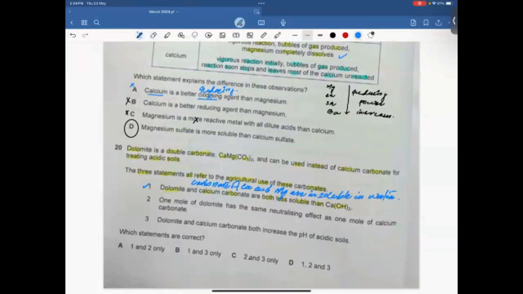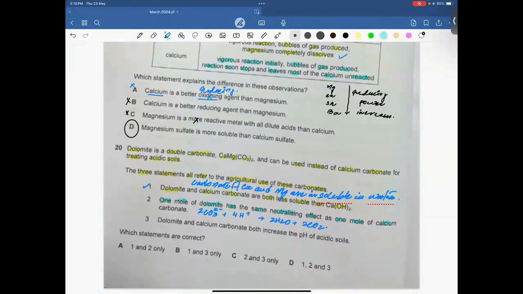Okay. Now, in the next statement, 1 mole of dolomite, and dolomite has 2 carbonate ions, right? Has the same neutralizing effect. So if dolomite has 2 carbonate ions, it will react with 4 hydrogen ions, converting into 2 moles of water and 2 carbon dioxide. All right, that's for the dolomite.